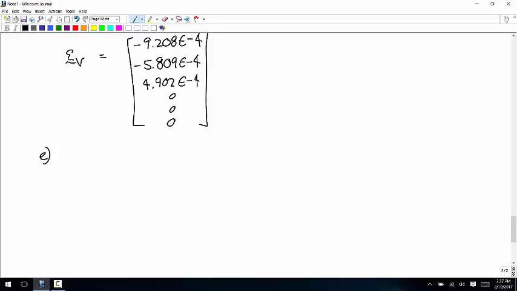There's one useless one, but that useless one is aligned with an axis. And to get the max shear stress, you rotate your coordinate system about that useless axis.